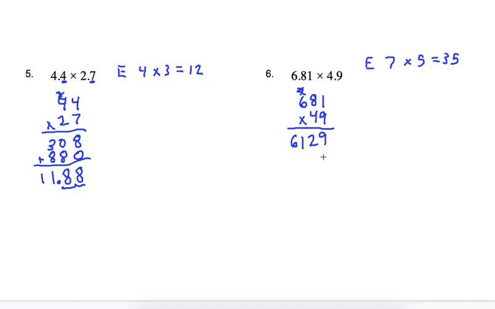Now we've got to put our 0 in here for the placeholder because we are multiplying by 40, not by 4. So 4 times 1 is 4. 4 times 8 is 32, so we put down the 2, carry our 3 up here. 4 times 6 is 24, plus the 3 would be 27.